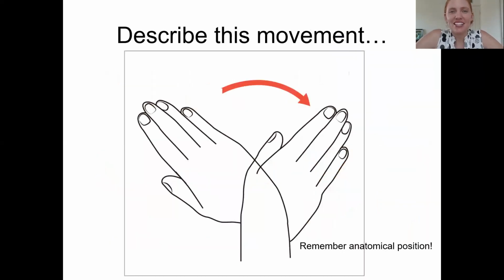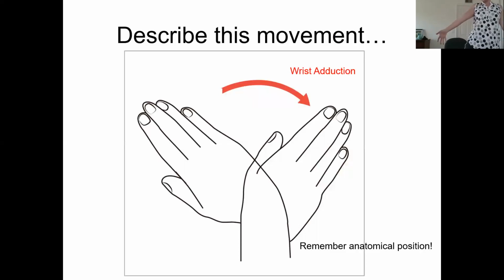Okay, let's test this out. Now this one is a bit tricky. Your hint is to remember the anatomical position. Okay, so remember anatomical position means your hands are down by your side with the thumbs out. So if the thumbs are out and you're moving it like this, what are you doing?